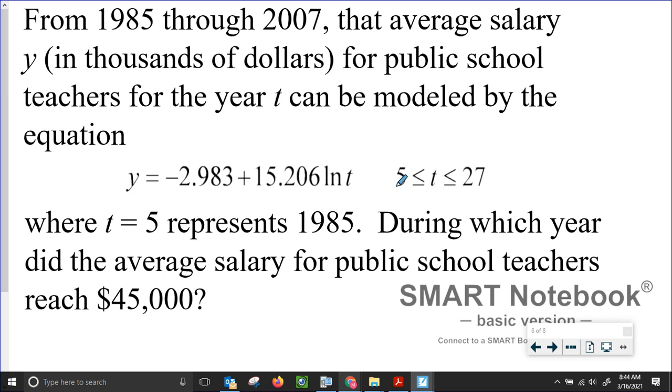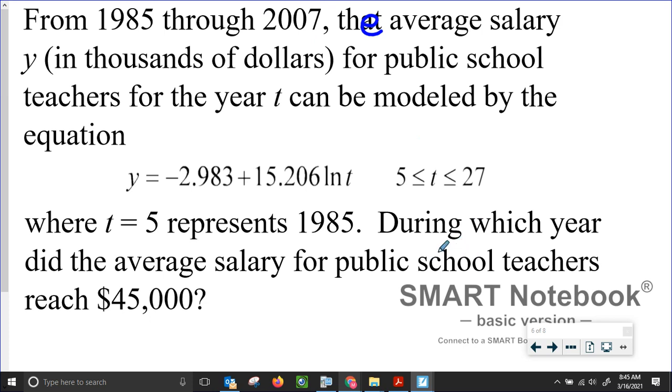So, from 1985 through 2007, the average salary, Y, in thousands of dollars for public school teachers for the year T can be modeled by the equation Y equals negative 2.983 plus 15.206 ln of T. This is good for T between 5 and 27, where T equals 5 represents 1985, and of course 27 would represent 2007.